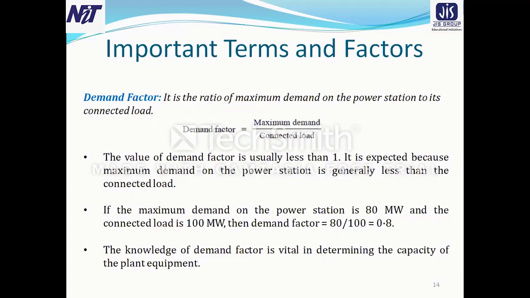Now we're going to talk about the demand factor. It is the ratio of maximum demand on the power station to its connected load. So demand factor is equal to maximum demand by connected load. The value of demand factor is usually less than 1. It is expected because maximum demand on the power station is generally less than connected load.